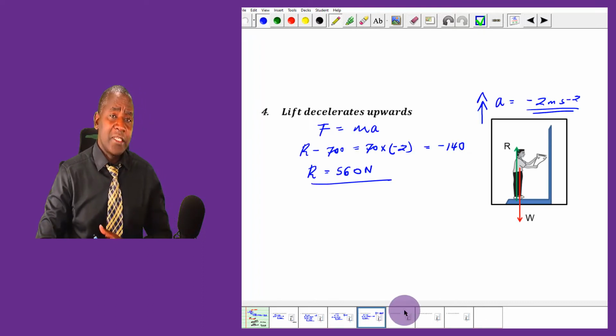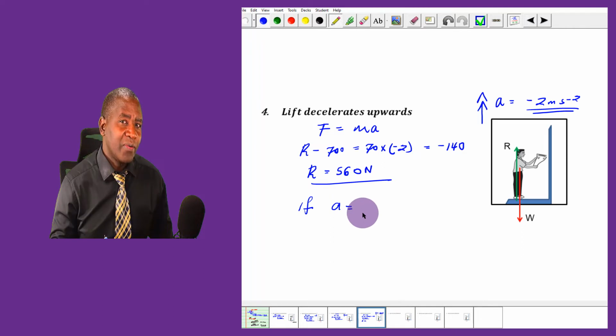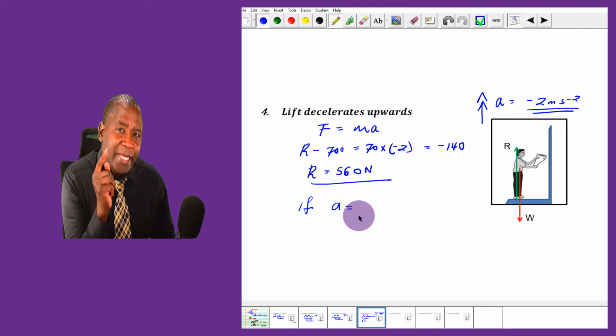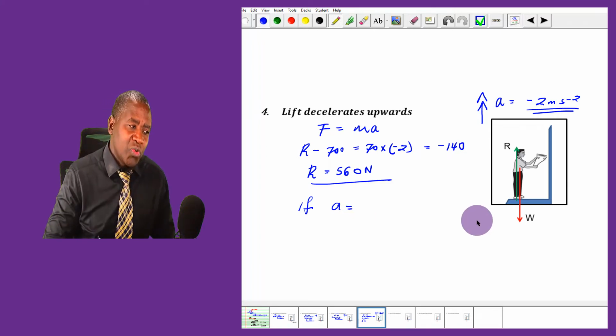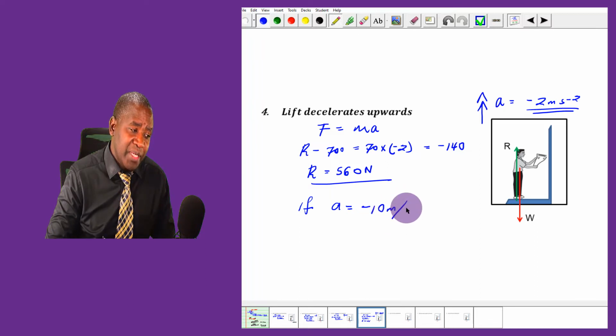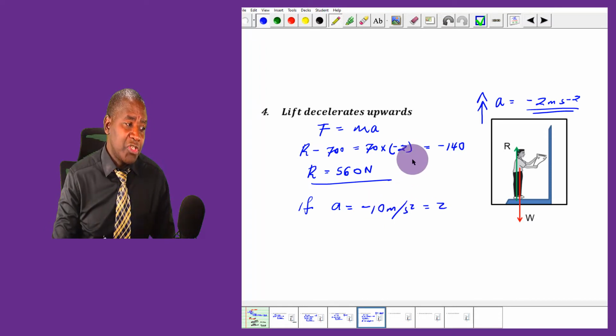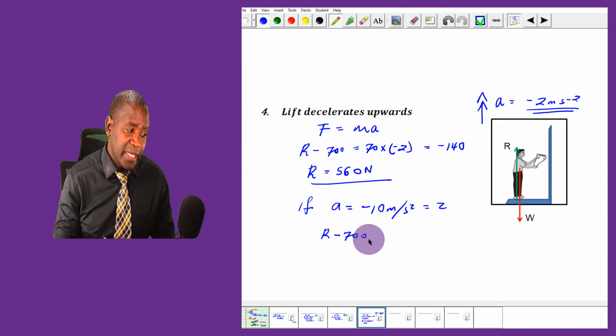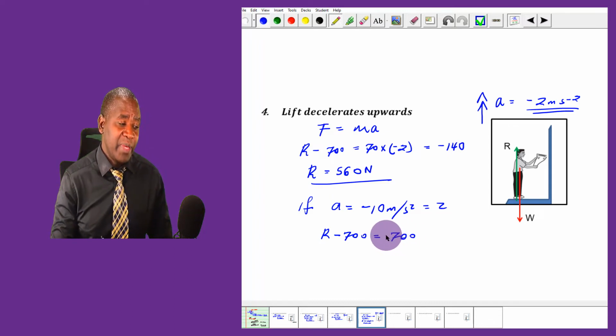Before we look at the next situation, what will happen if the deceleration is 10 meters per second squared, meaning that the acceleration is minus 10 meters per second squared? You'll find that if I substitute that value here, the left-hand side remains the same, and the right-hand side will be minus 700.